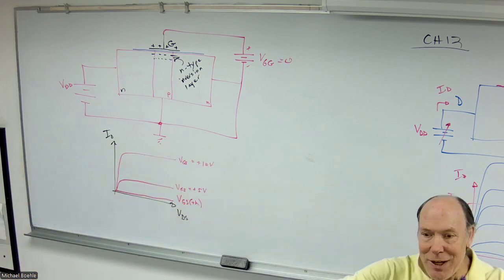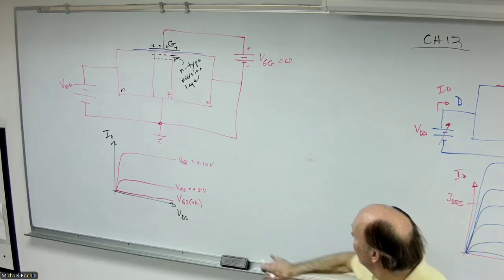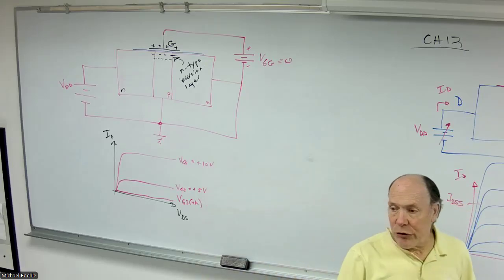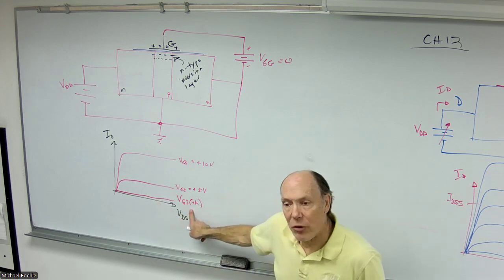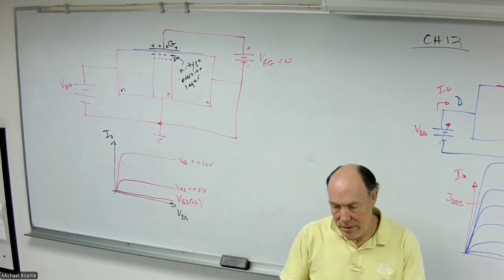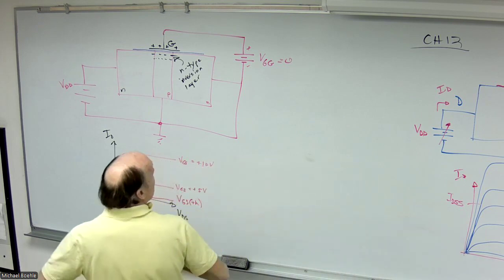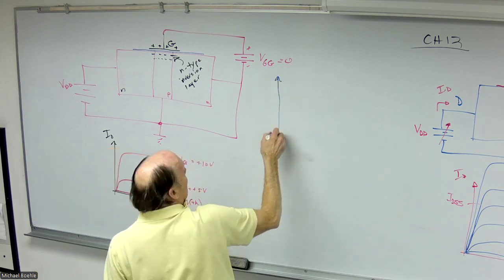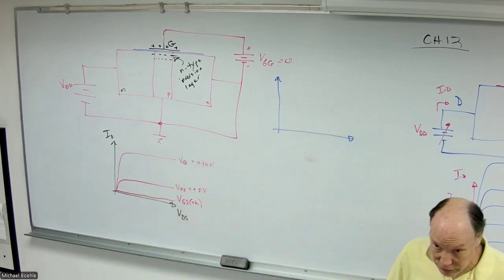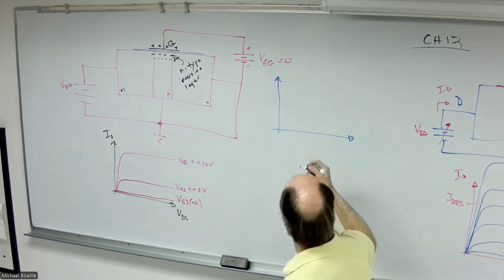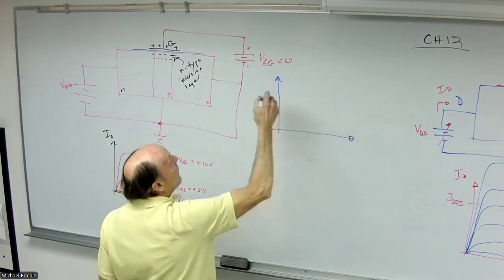So I create the same family of curves for varying gate source voltage once I reach that threshold. We look at the curve, what we call our transconductance curve with our JFET, and kind of did the same thing over there.